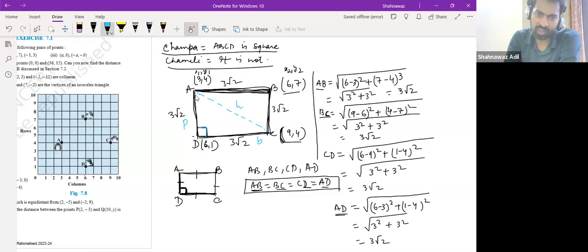We can also say this is perpendicular and this is the base, there is nothing wrong in that. So we proved that AD square plus DC square is AC square, which means this triangle is a right angle triangle and this angle is 90. So we proved that all sides are equal and that this angle is 90. So this was the fifth question.